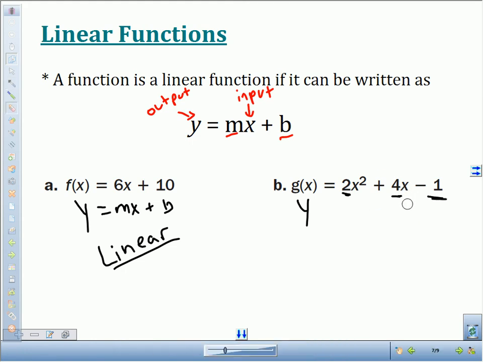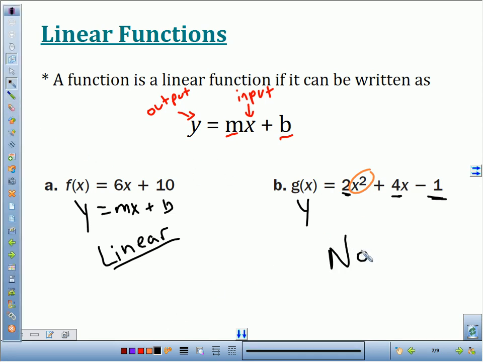What's different here, though, is that we have, and it should be fairly obvious, x squared. Well, our linear function template doesn't have x squared in it. It only has x. So, this is not linear.